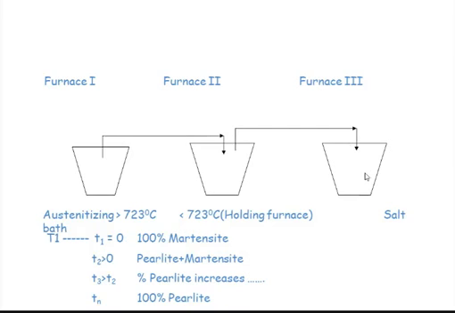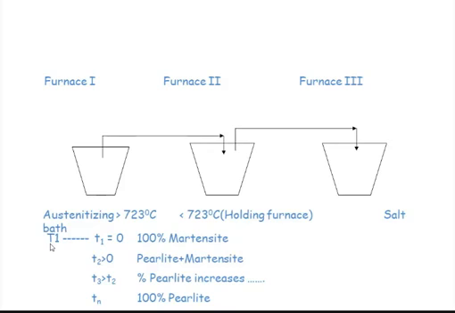Then go for micro examination of the sample, polishing and etching, and using an optical microscope you can see which phase is present. Theoretically, 100% martensite is present in the first sample.